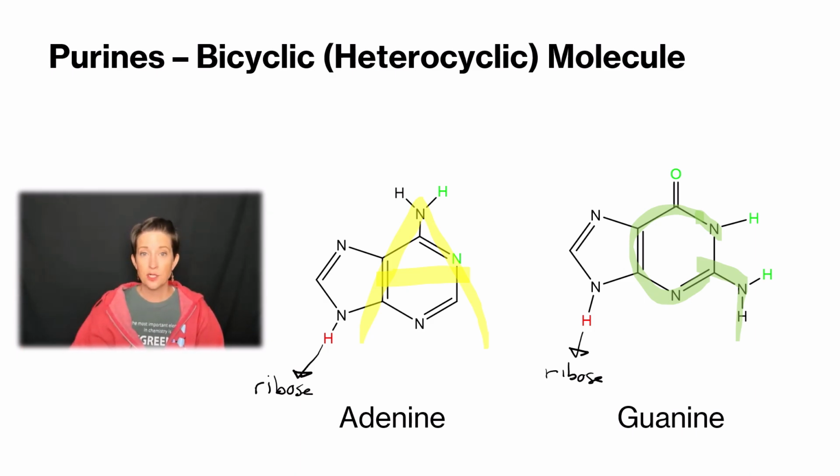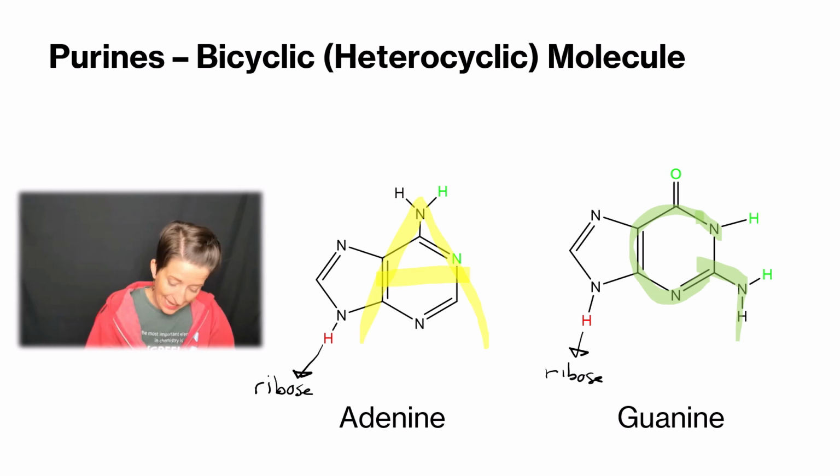In order to be a hydrogen bond donator, you need to have that hydrogen directly bonded to a nitrogen, specifically for nitrogenous bases, but it could also be an oxygen. To be a hydrogen bond acceptor, we have to have that lone electron pair on the nitrogen or oxygen. Therefore, in adenine, the top hydrogen is going to be our hydrogen bond donator. And then the nitrogen, because it's got a lone electron pair, is going to be the hydrogen bond acceptor.